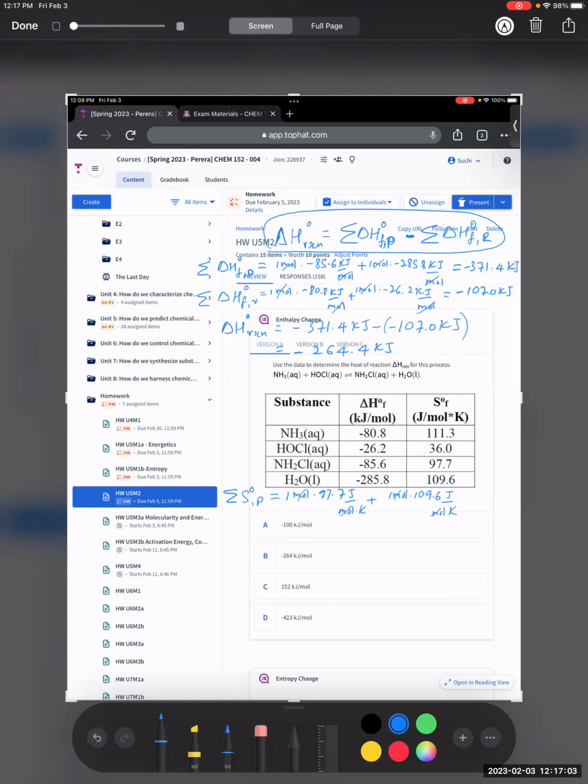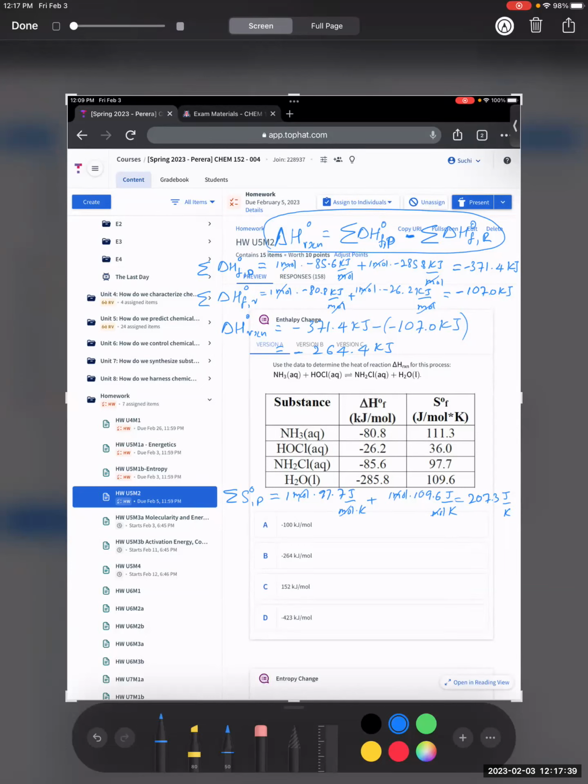You're going to get an answer in joules per Kelvin, and that should be 207.3.